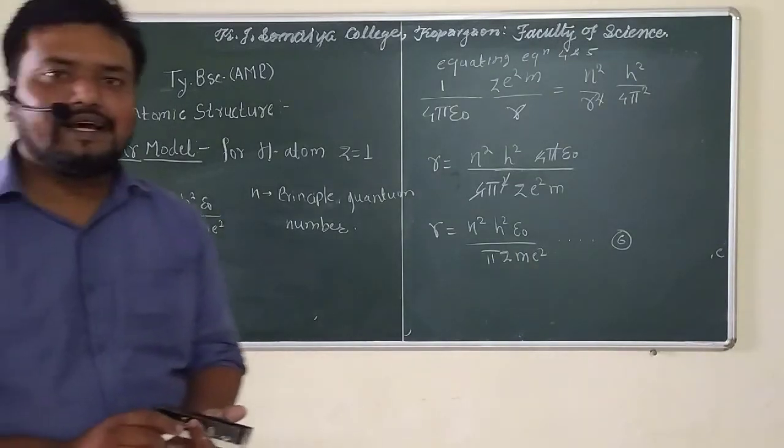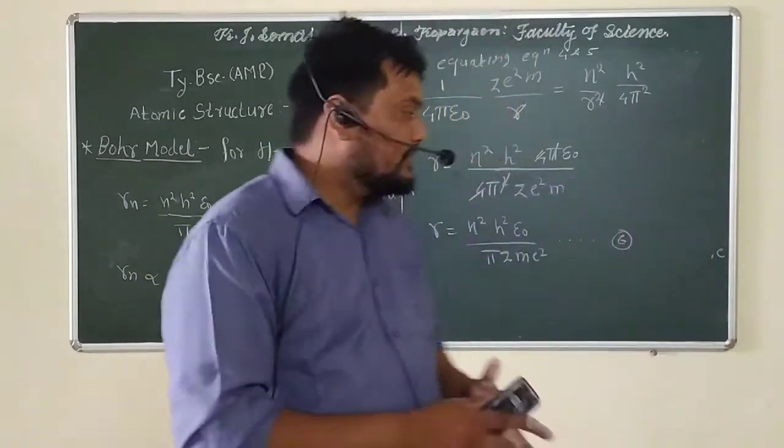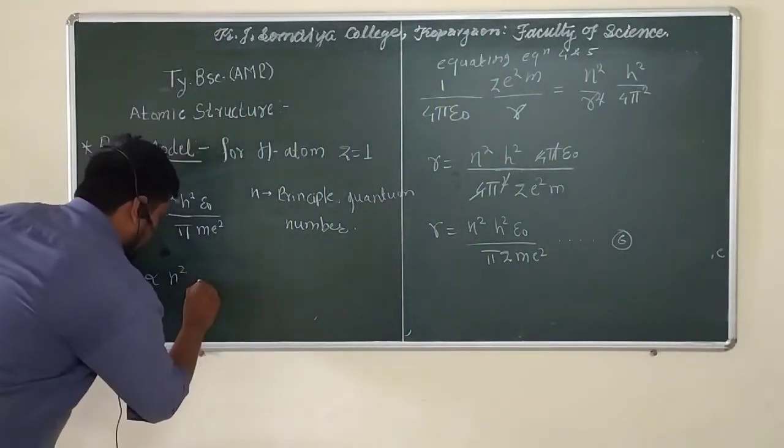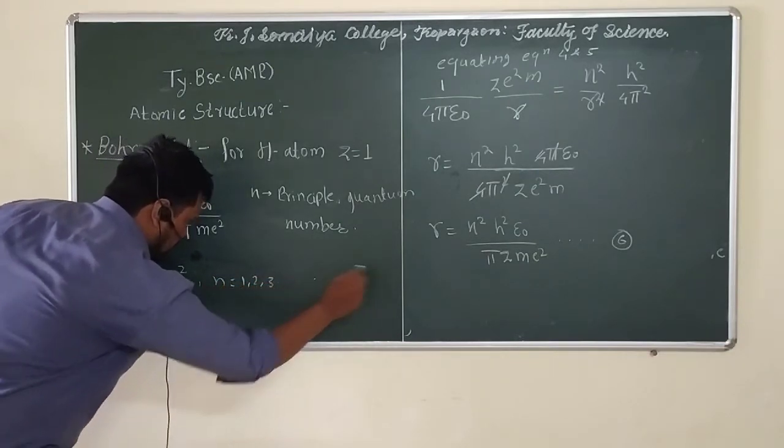That is, the radii of the Bohr orbits are proportional to the square of the natural number, where n is equal to 1, 2, 3 and so on.